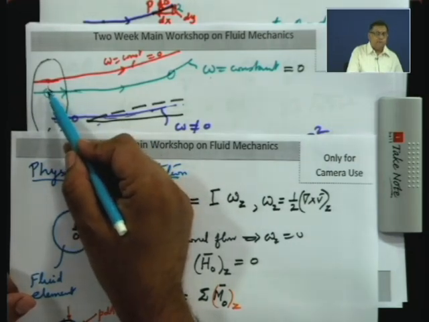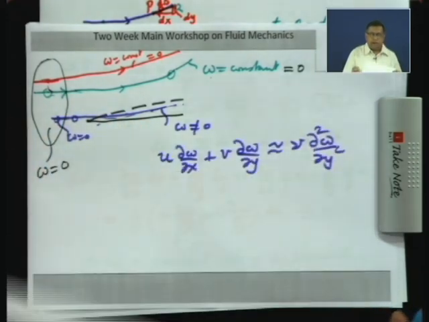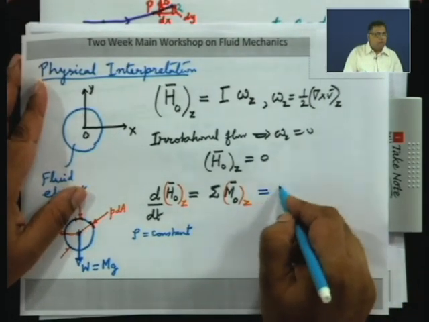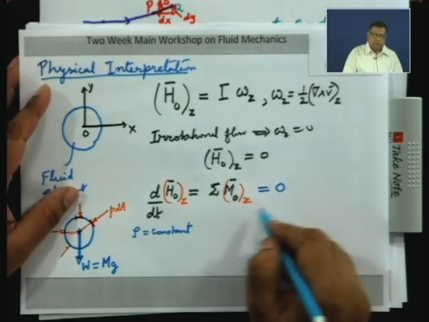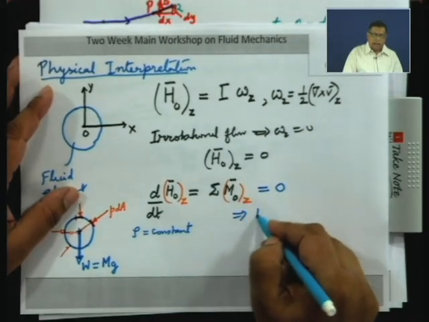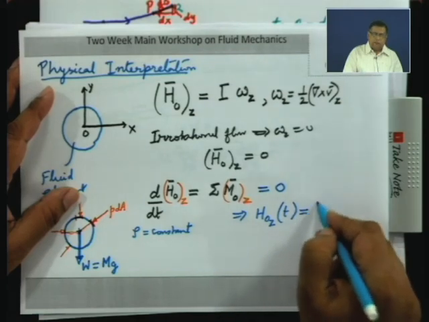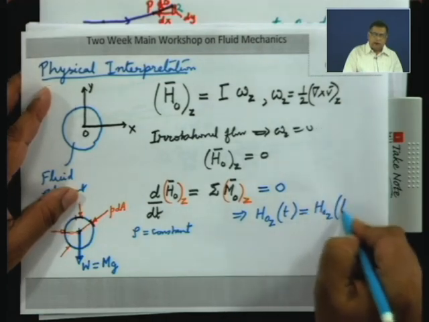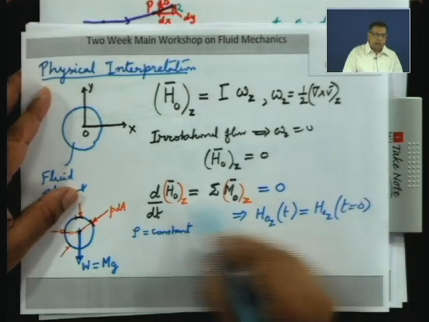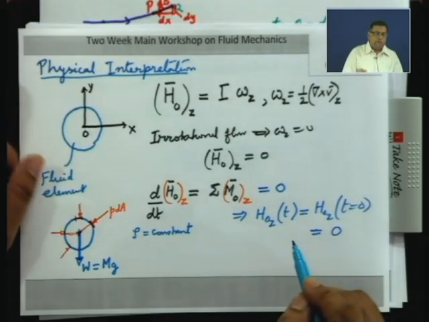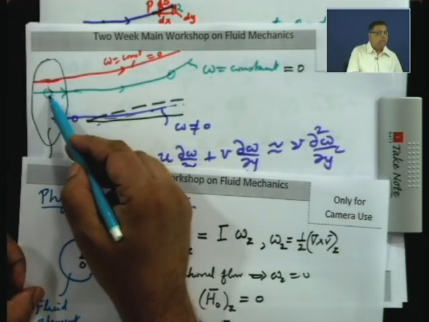So, its angular momentum about its center will be conserved, because then the rate of change of the angular momentum is going to be equal to 0, which means that the angular momentum at any time t will be the same as the angular momentum at t equal to 0, because the rate of change is 0, and initially we are saying it is irrotational, because the fluid particle is starting from a region which is irrotational.